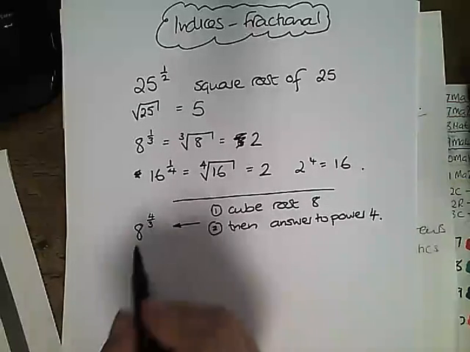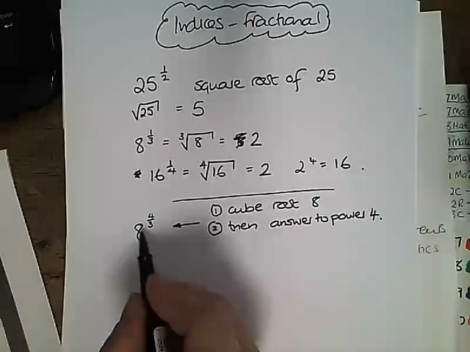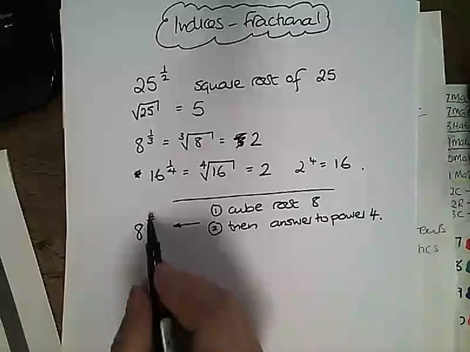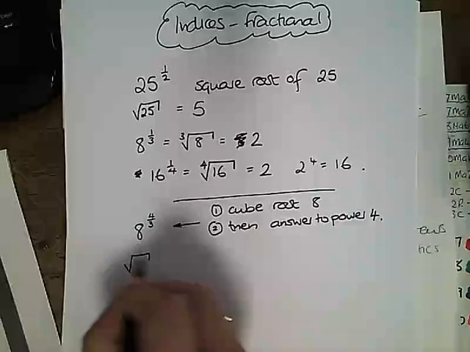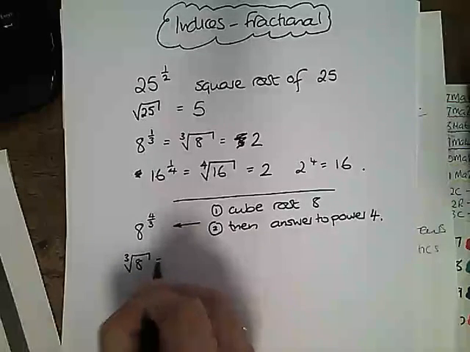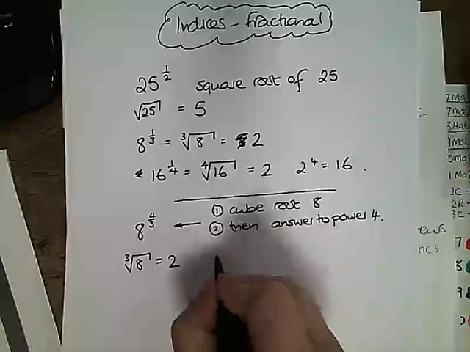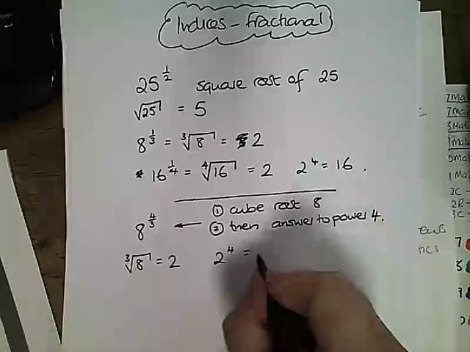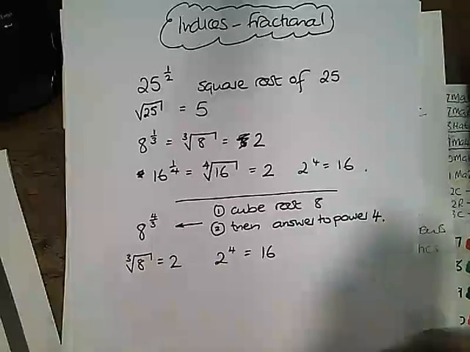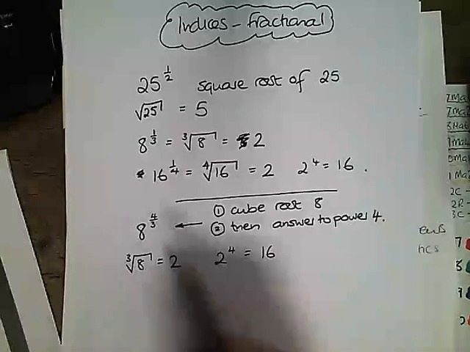Okay, so the 3 is telling us to cube root 8, and then the 4 is telling us to put that answer to the power of 4. So first of all, the cube root of 8 is 2, and then we're going to do 2 to the power 4, 2, 4, 8, 16. So the answer is 16. So 8 to the power 4/3 is 16.